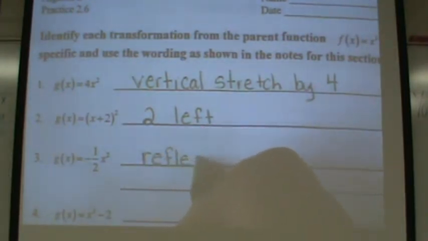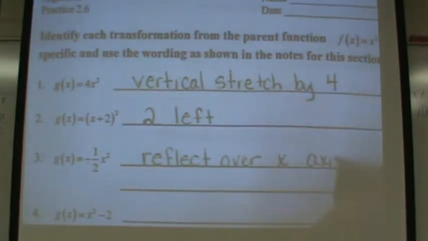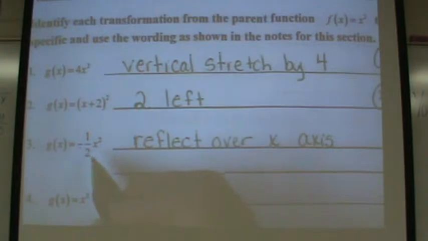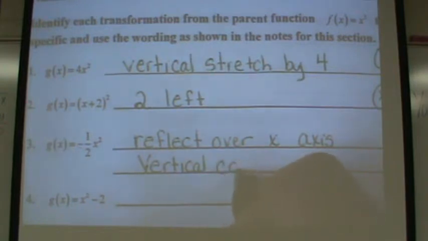Reflect over the x-axis. That's the negative. And what does the 1/2 do? Vertical compression by 1/2.